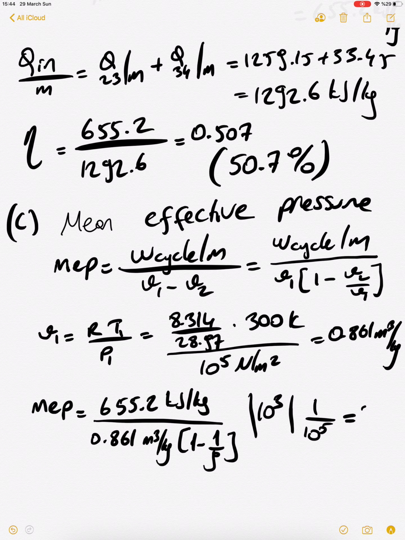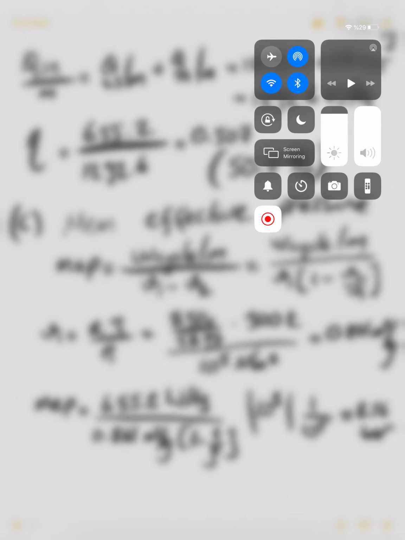So the result is going to be 8.56 bar. And this is the last required unknown, which is mean effective pressure. Thank you.